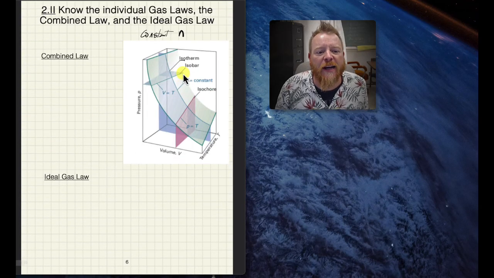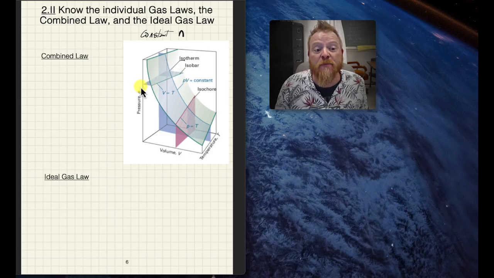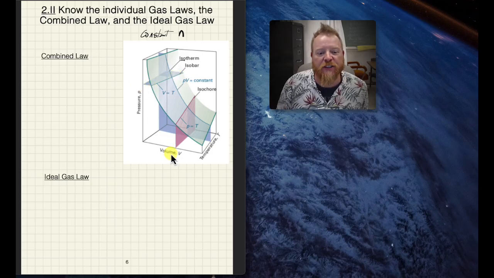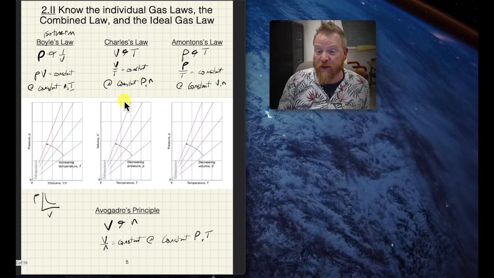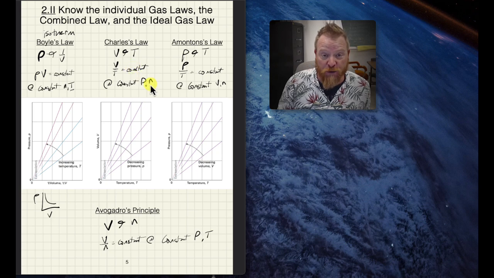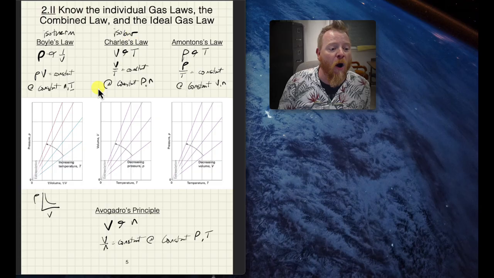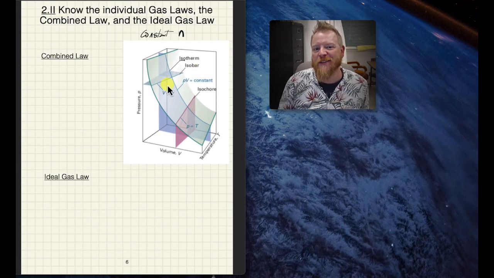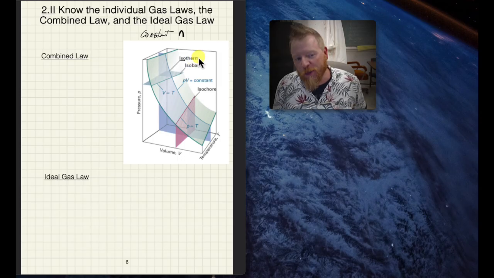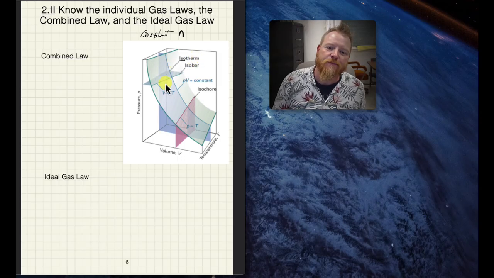So now if we look at the isobar, that is occurring at constant pressure, as you can see in the graph. And now that gives us the relationship of volume and temperature. So going back and looking here, we can see that would fit Charles' law, our isobar, okay? And it makes sense that it's an isobar because it's constant pressure, and isotherm, it's constant temperature.